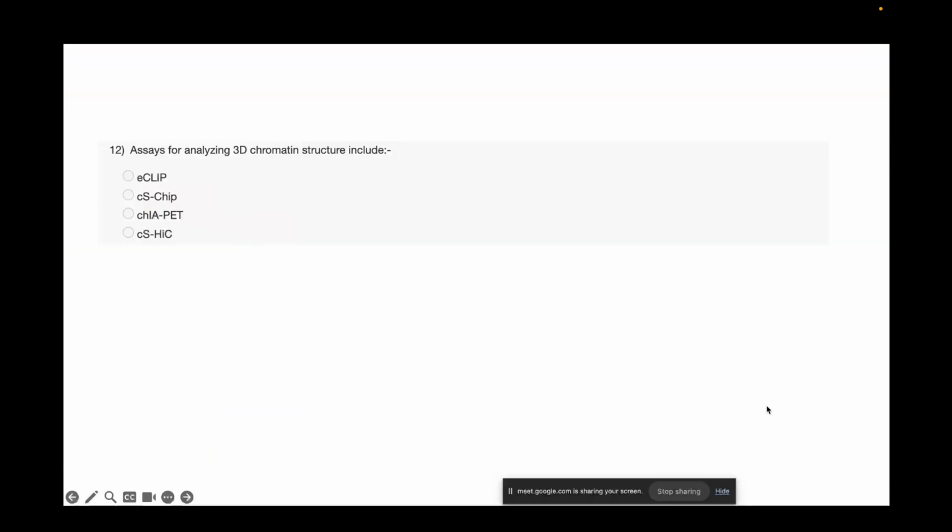I think this is a single option, correct? So it's C, Hi-C is there. Hi-C does the configuration technique, but CS Hi-C, I'm not sure if it is.